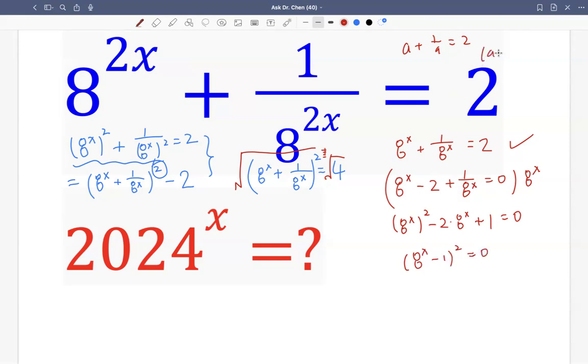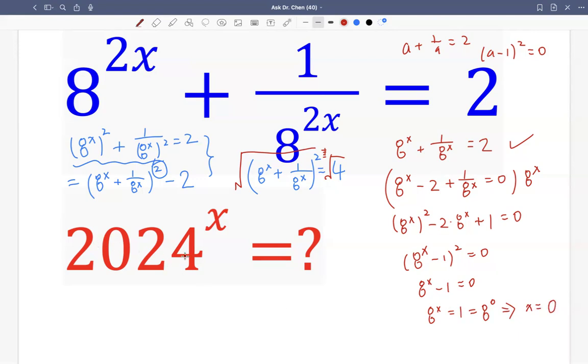So we get a raised by x minus 1 squared equals 0. Of course, if a square equals 0, that means the base is 0. That means a raised by x equals 1. Well, 1 can be written as a raised by 0, so that means the exponent x is 0.